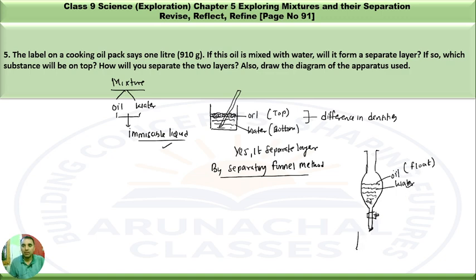At the bottom of the separating funnel we have taken a glass container. When I switch on the knob or stopcock, as we used to say, slowly the water drops get collected, and by manual understanding we have to just close the stopcock as the oil layer comes near it.